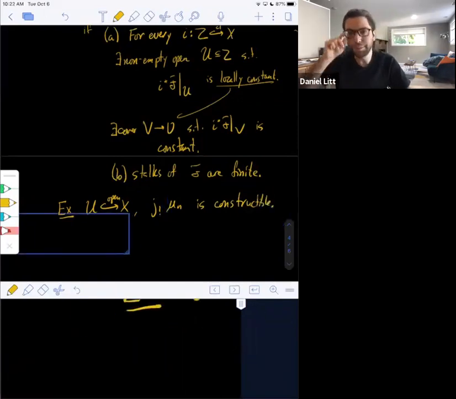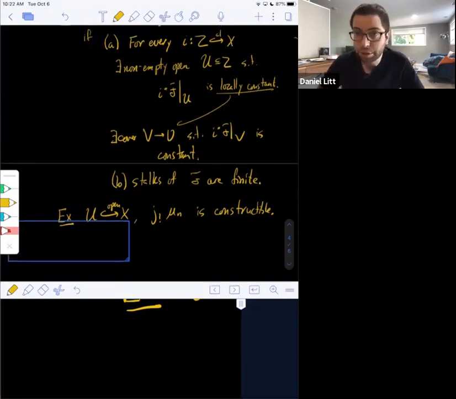Can anyone explain to me why this is true? Okay, so what do we need to check? First of all, we need to check that the stalks are finite. That's not too hard, right? Because the stalks are just either 0 or μ_n.